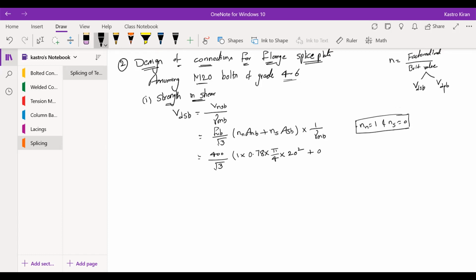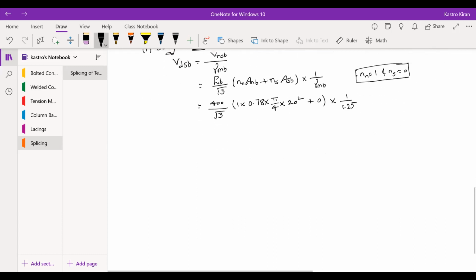So anything into 0 is 0, into 1 by gamma MB, which is 1.25. So here you will get the VDSB value as 45.2 kilonewtons. This is VDSB. Now we also have to find out the strength in bearing.